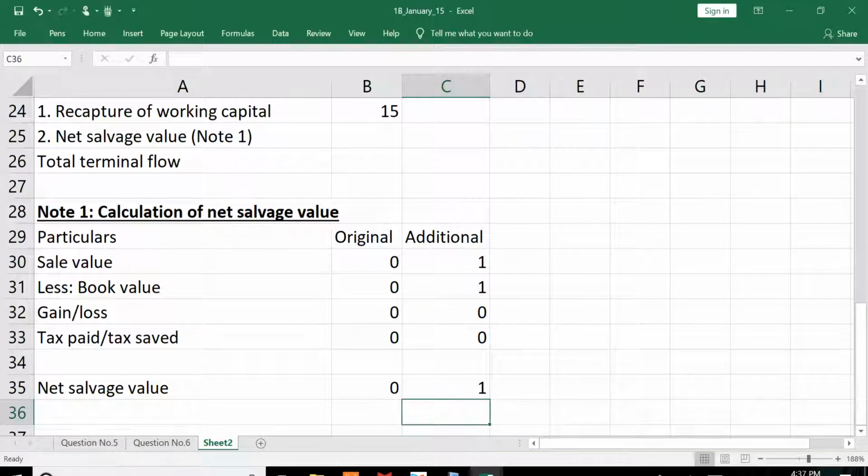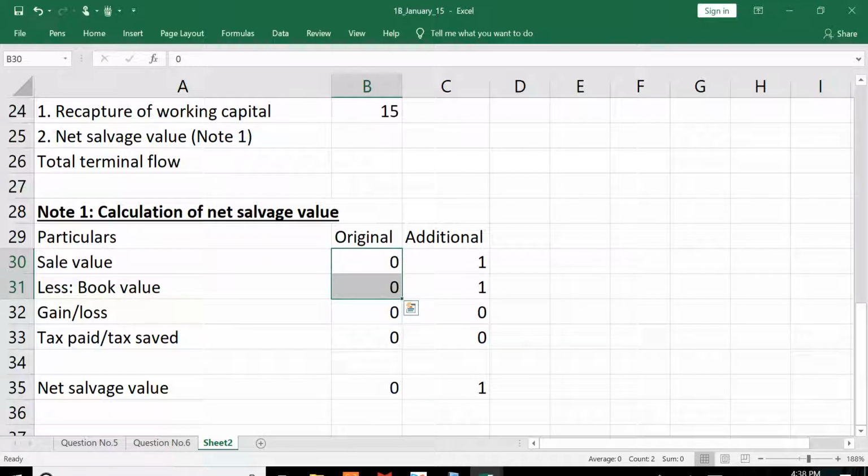NSV is not 0. NSV is sale value minus tax paid plus tax saved. Your additional machine was bought for 10 lakhs. 1.5 lakh is the depreciation in the third year, 4th, 5th, 6th, 7th, 8th. After charging 6 years of depreciation, it has a value of 1 lakh. If you feel these two are same, that you can do in your mind, then you need not show this calculation and you can directly write salvage value as net salvage value because there will not be any tax impact.